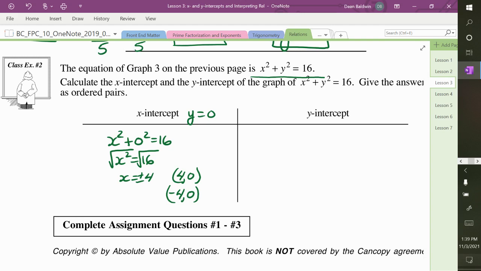All right. Y-intercept, what's the value of x? Okay, do it. Please.